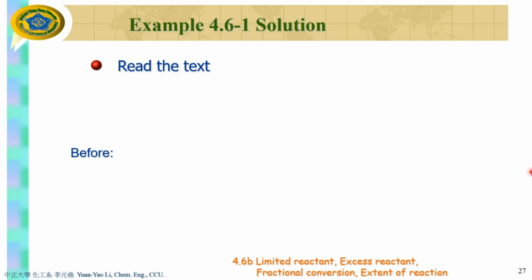The title is reaction stoichiometry. So let's go through this. Acrylonitrile is an intermediate used in the production of a number of polymers, including and so on.